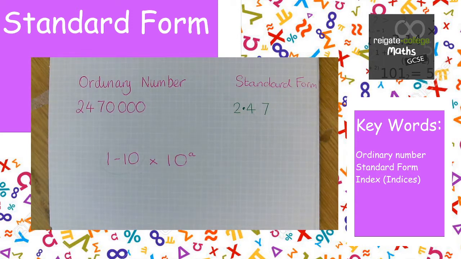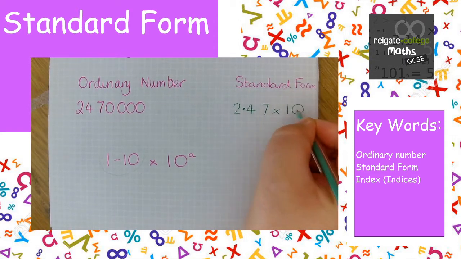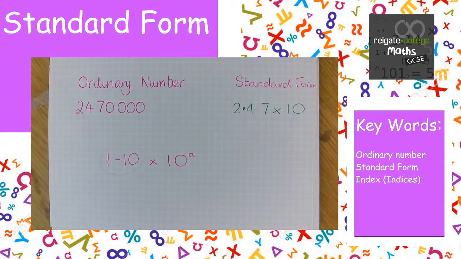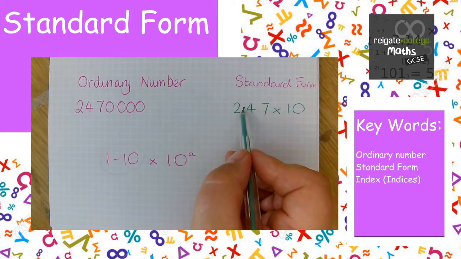The power that I now give to my multiply by 10 is dependent on how many times I moved my decimal point from my ordinary number to this point here.